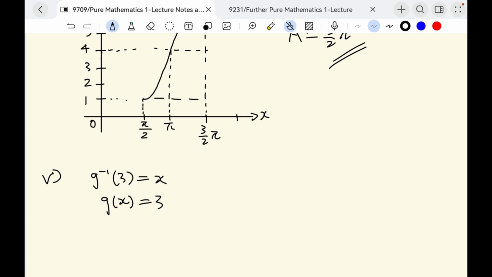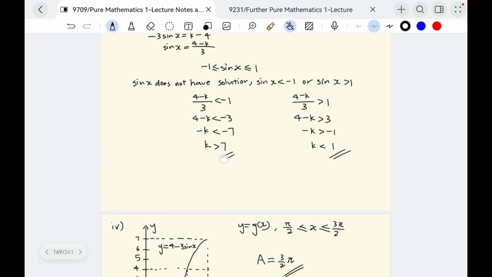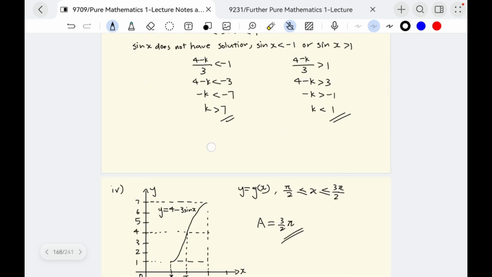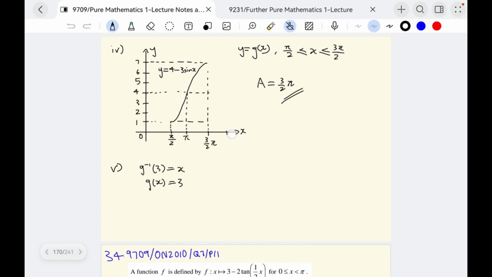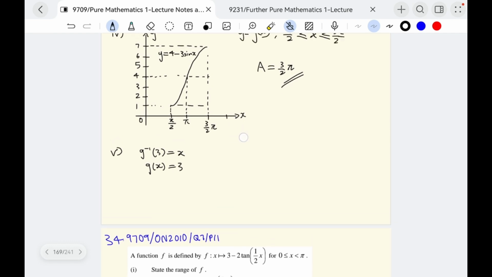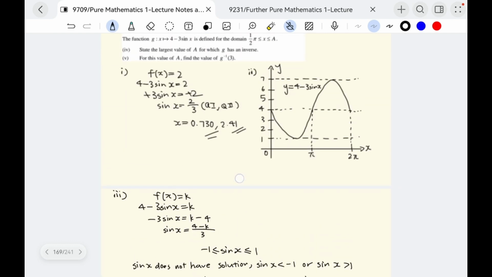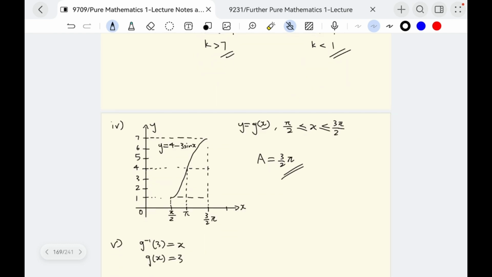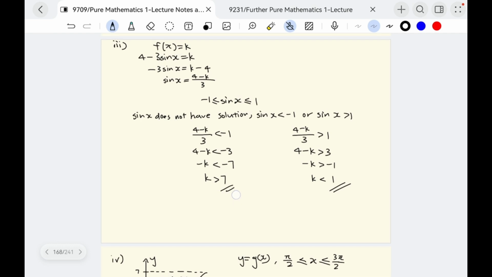So you don't have to waste your time looking for g inverse of x and then substituting 3. Of course, if you want to do it that way, it's up to you. But I provide an alternative method here.